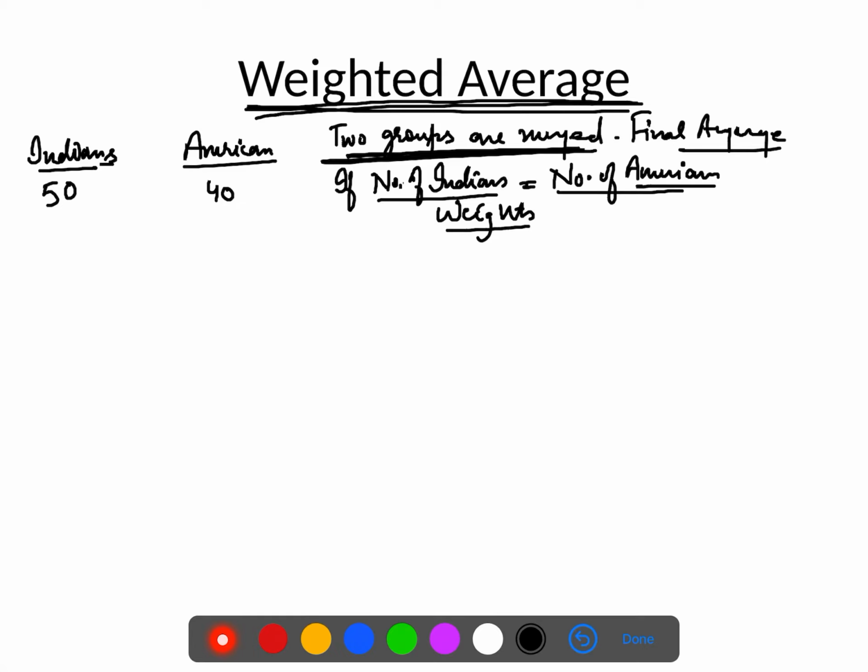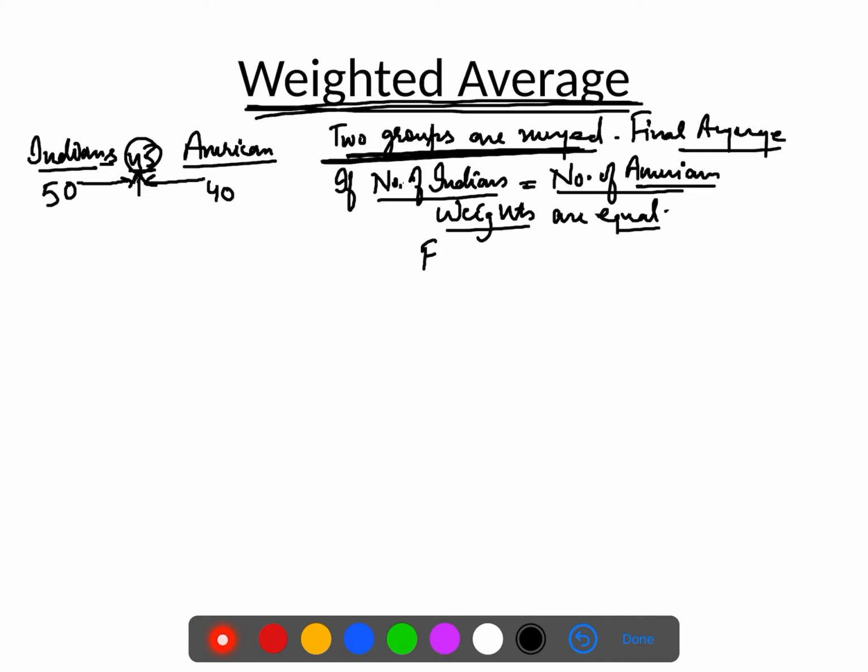So if the weights are equal on both the sides, it's like a weighing pan. If we have the same weight on both the pans, the needle will be exactly in the middle, which is the midpoint of 50 and 40, that is 45.